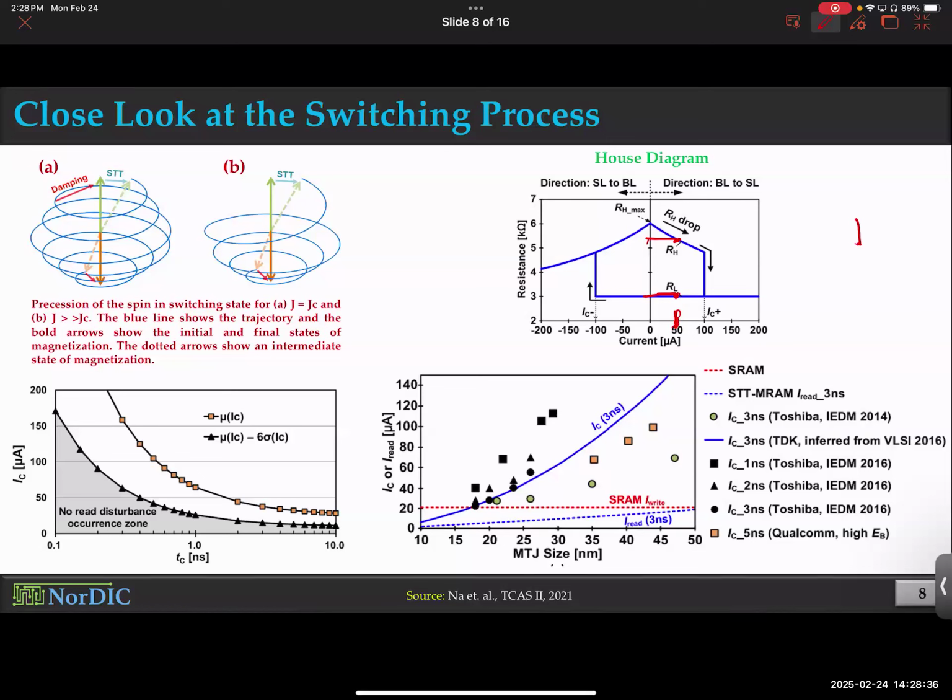Interestingly, when we discussed the read operation for MTJ, what did we do to read? Did we apply a constant current or a constant voltage? Can anybody remember that? I told you that the easier way would be to apply a constant voltage and let current be generated based on how much resistance you get.